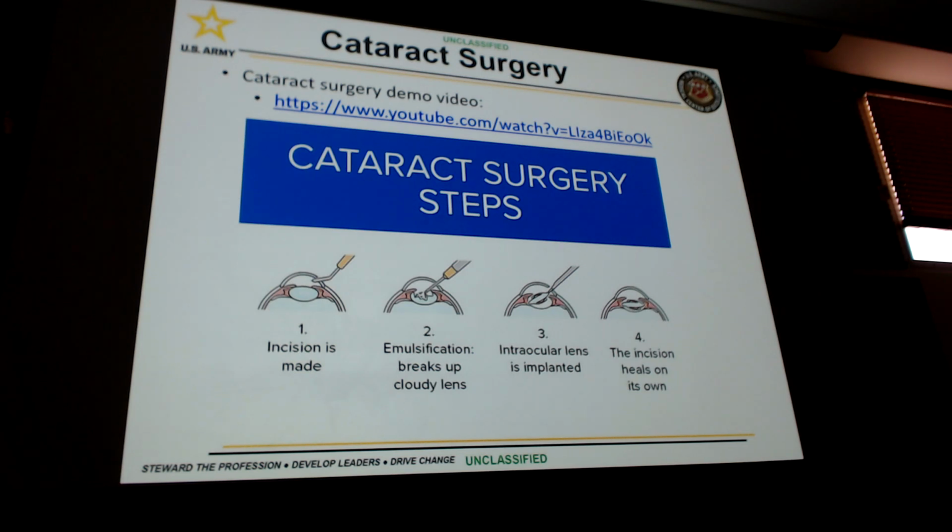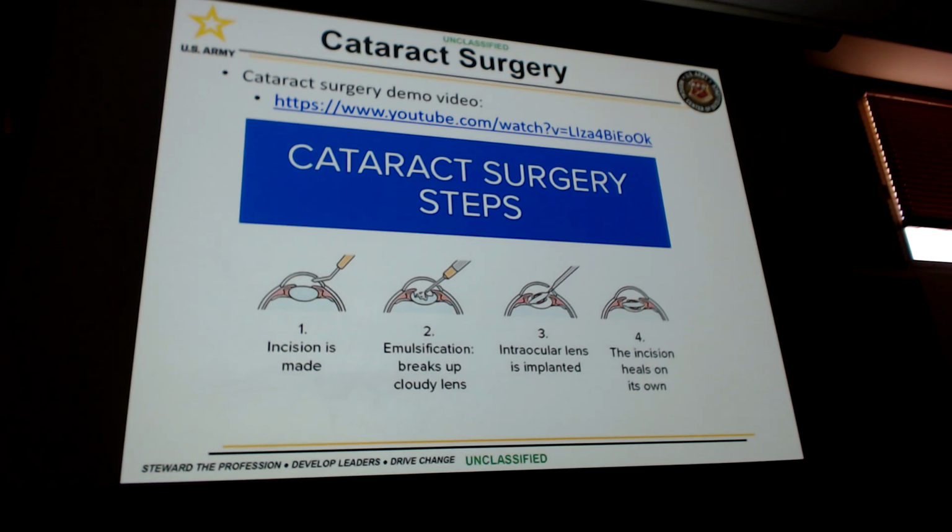And this new intraocular lens actually has the patient's normal prescription in it, so then they don't have to wear glasses. Typically, they can correct you for distance vision, or they can correct you for reading, so you just put distance glasses on if you read most of the time, or if you drive, they'll correct your distance vision, you just put readers on.